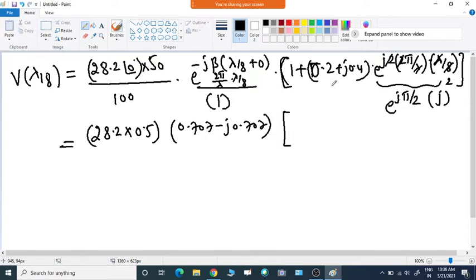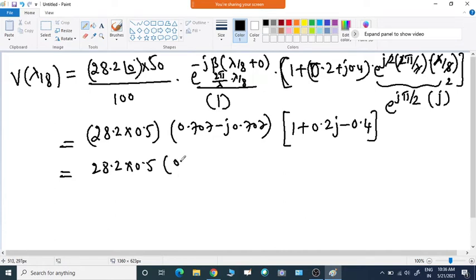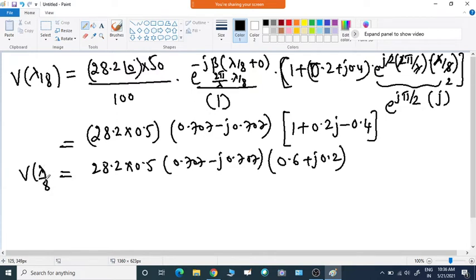Now we have j, so if you multiply j here, we will get 1 plus 0.2 j, plus j square 0.4, which will give minus 0.4. So this will be 28.2 into 0.5 into 0.707 minus j 0.707, this into 0.6 plus j 0.2. So this is your V of lambda by 8.